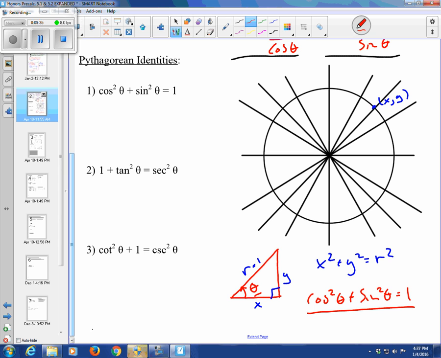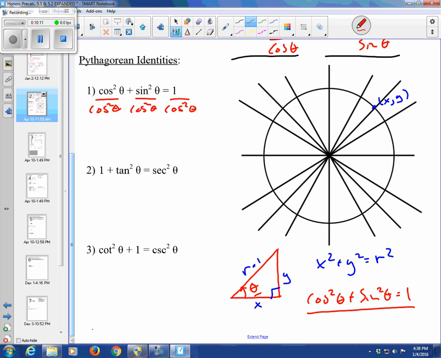Right here, if I take this expression and divide both sides by cosine squared, I can distribute the division of cosine squared to both terms on the left side and get cosine squared theta over cosine squared theta, and sine squared theta over cosine squared theta.